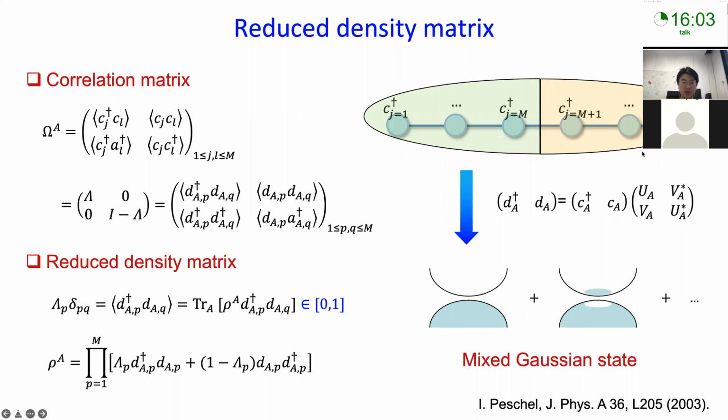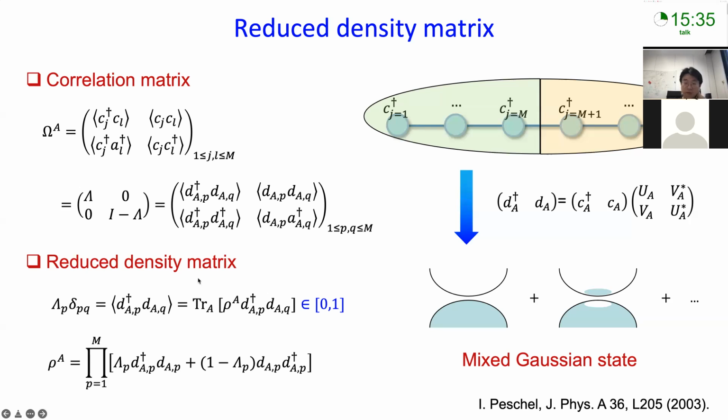Then by using the d_A fermions within subsystem A, we can rewrite the reduced density matrix rho A in this simple form. This factor inside the product is a diagonal 2 by 2 matrix, and rho A is a tensor product of those 2 by 2 matrices.